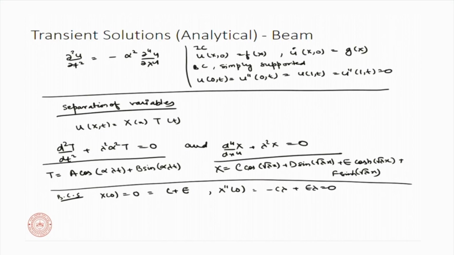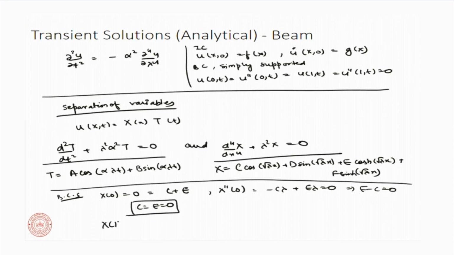So, the cos will become cos again with the minus lambda, sin will be sin again with the minus lambda, and the hyperbolic term will be unaffected, just lambda will be multiplied. Okay. If we compare both of them, this gives us e minus c equals 0. If both of these are true, then c equals e equals 0, just the first case.